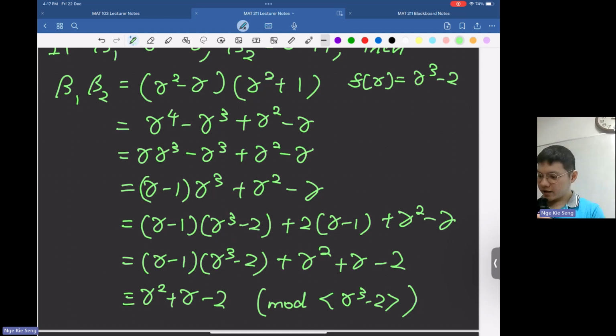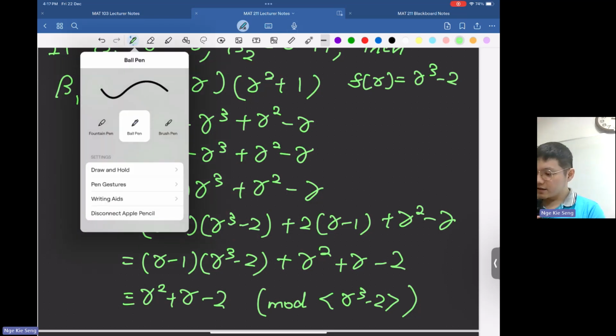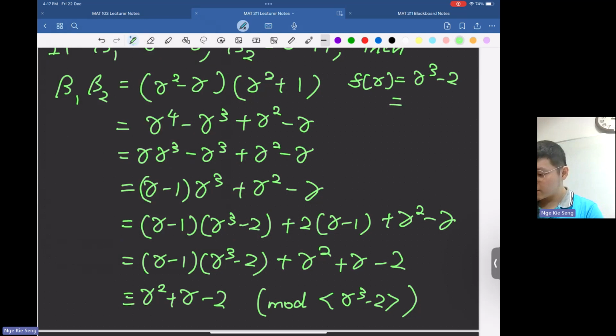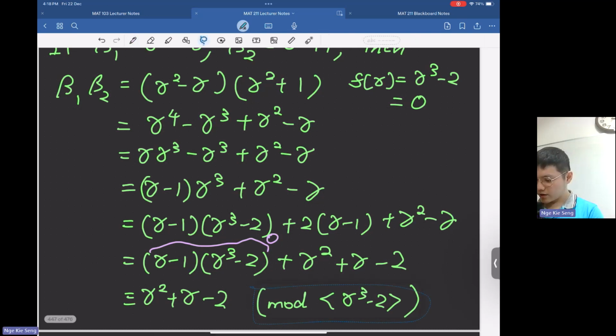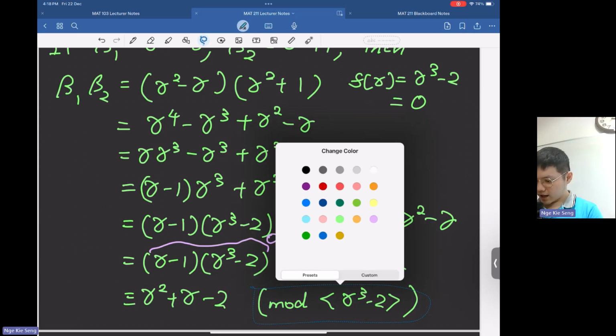Because we remember, what does this alpha satisfy? This alpha satisfies gamma cube minus 2 equals 0. Okay, so this term here becomes 0. Or in other words, what we are doing is modulo gamma 3 minus 2.